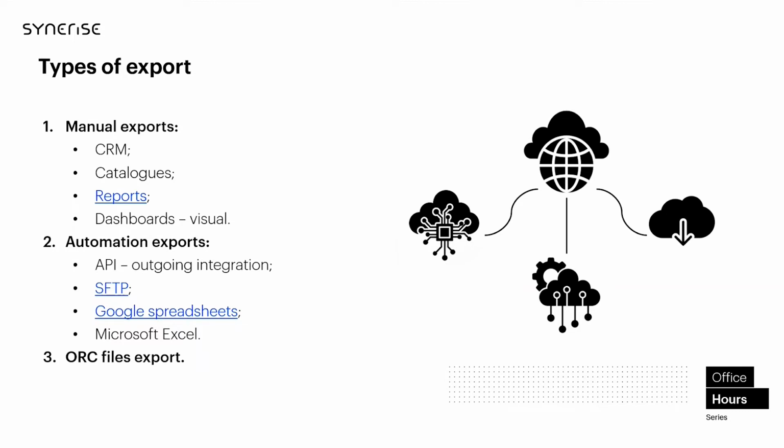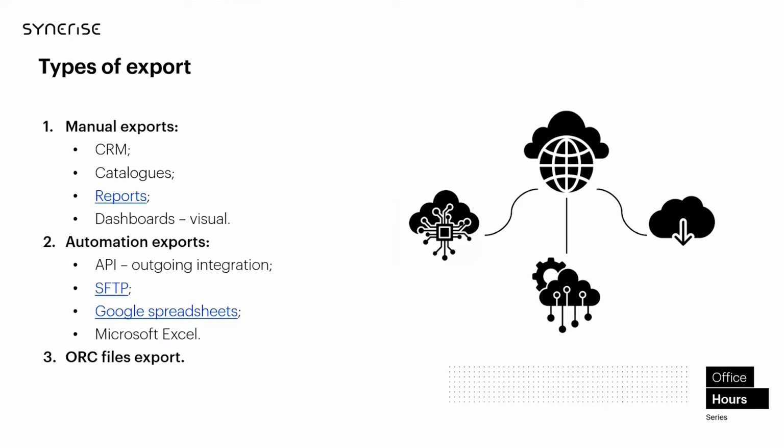Apart from it, we've got automation exports, so they use the automation module, and here we've got API methods, and it involves outgoing integration nodes in the automation, of course SFTP, and Google Spreadsheets and Microsoft Excel integrations.